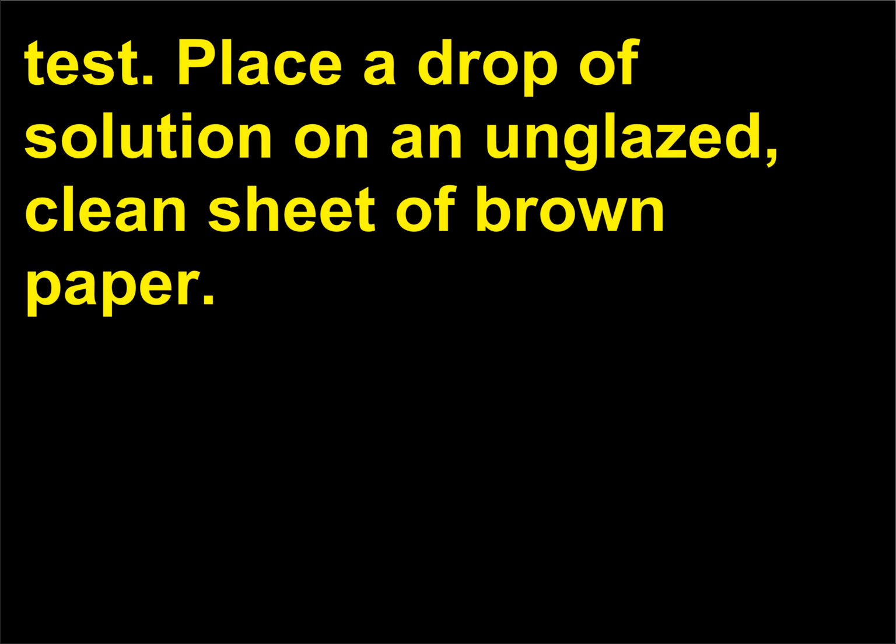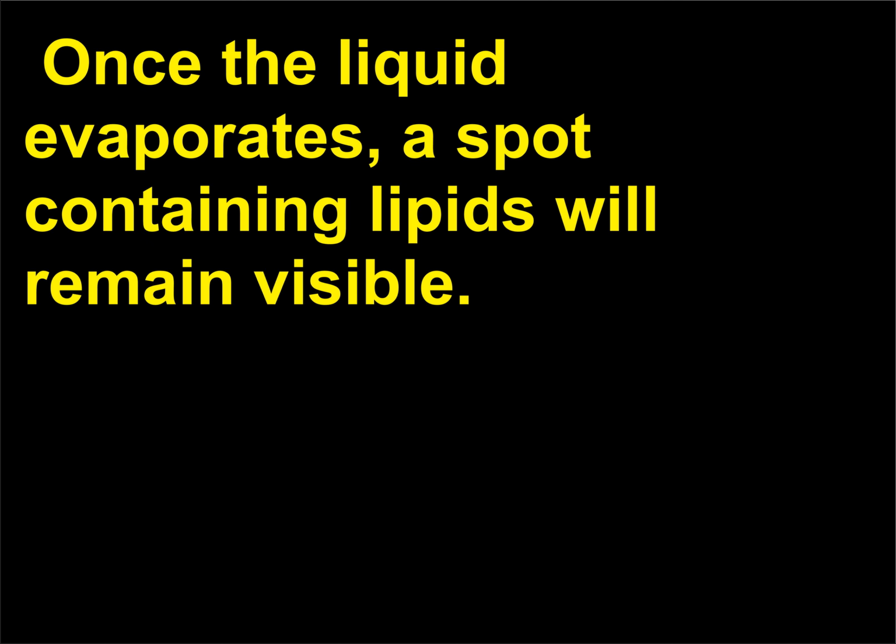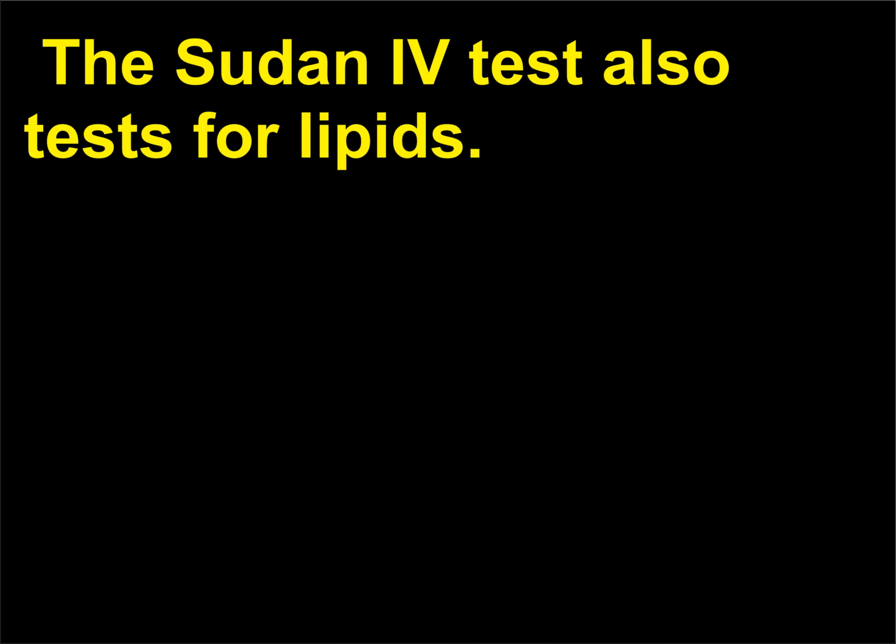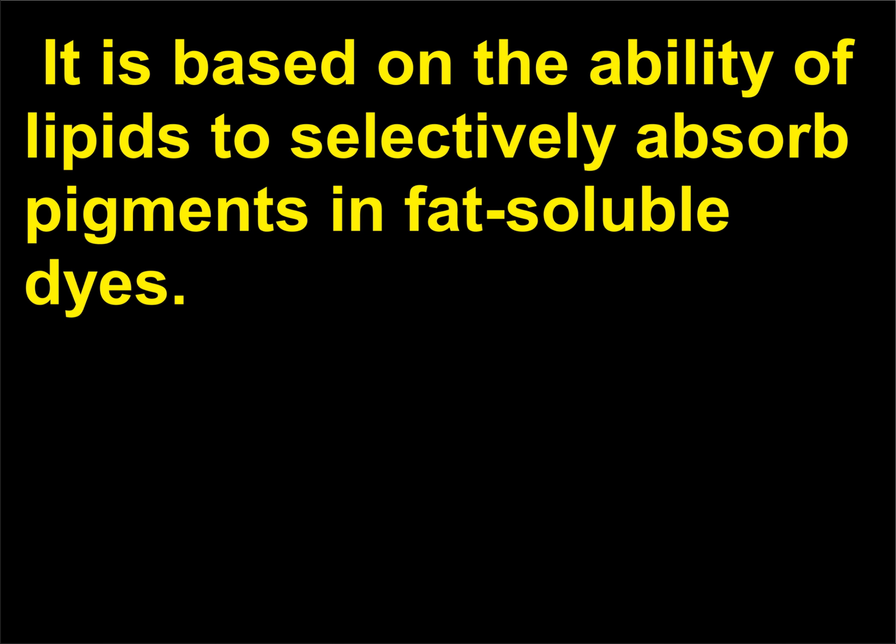Place a drop of solution on an unglazed, clean sheet of brown paper. Once the liquid evaporates, a spot containing lipids will remain visible. The Sudan 4 test also tests for lipids. It is based on the ability of lipids to selectively absorb pigments in fat-soluble dyes.